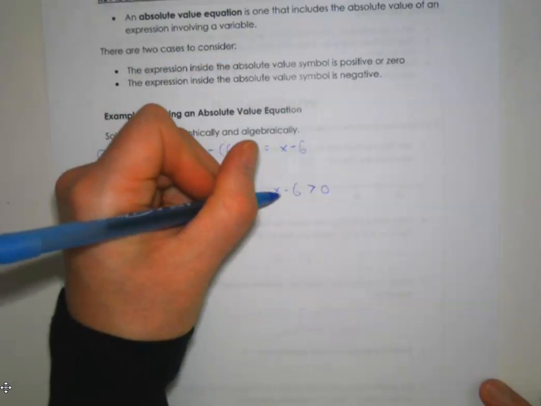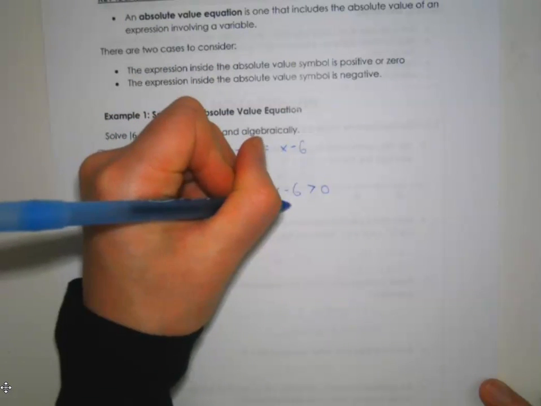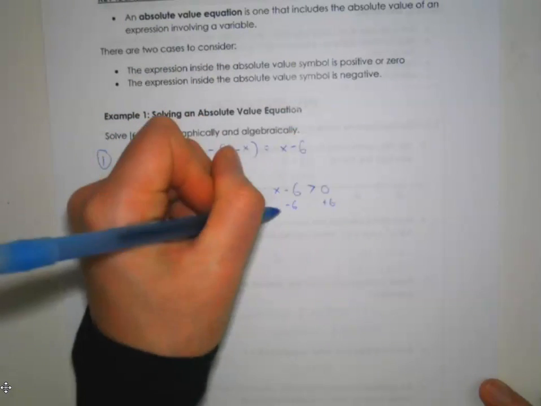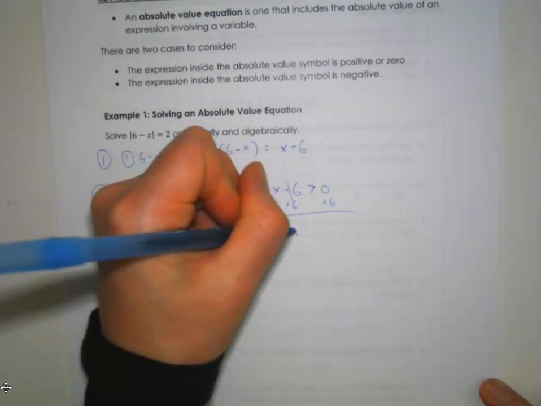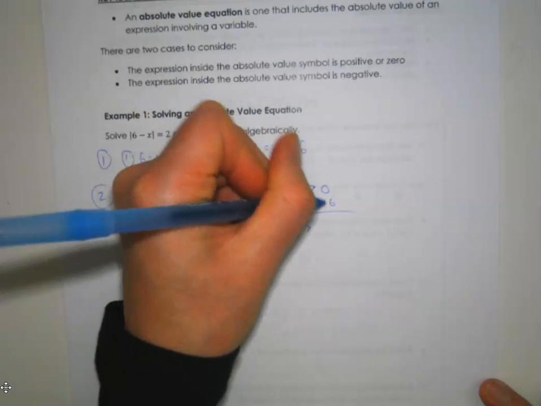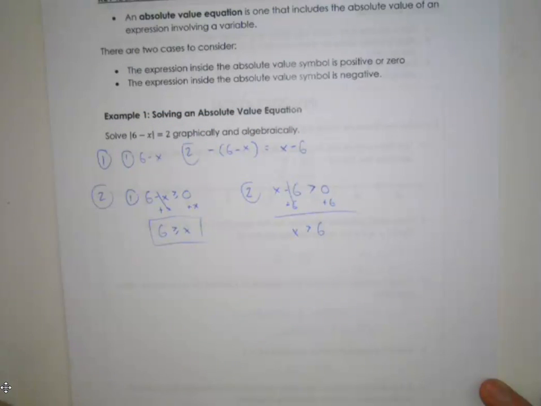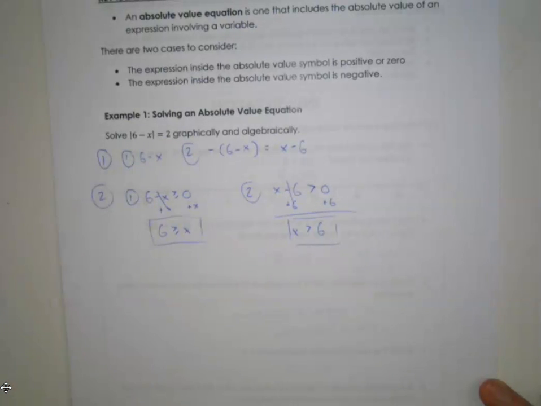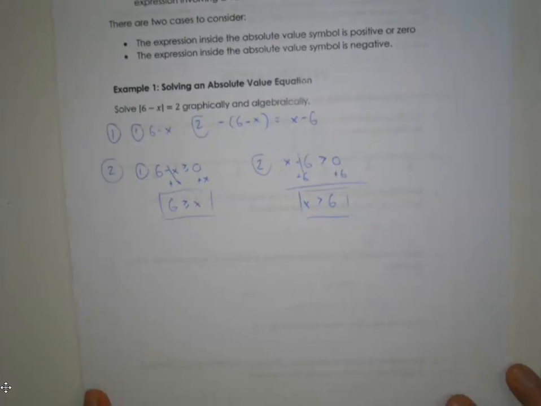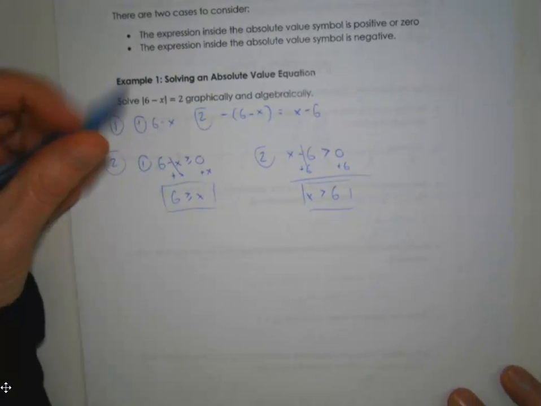And so again, if we rearrange this, we would have to add 6 to both sides. And so we're left with x is greater than 0 plus 6, which is 6. Okay, so now we have the acceptable range of values for each case of the equation.